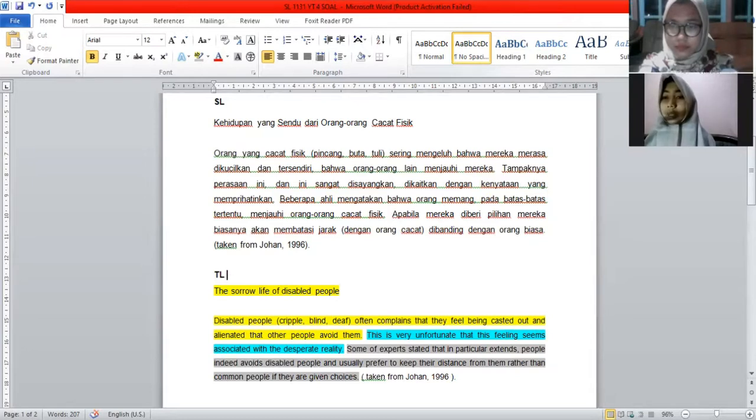So we use this translation by using modulation. Let's see here, for example, "some of experts stated that in particular extents." So we actually translated it from "beberapa ahli mengatakan bahwa orang-orang memang pada biasanya pada batas-batas tertentu."